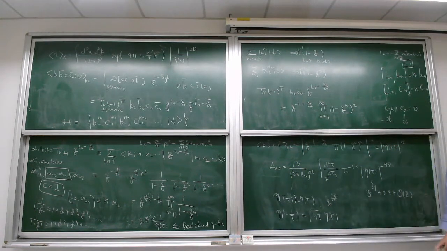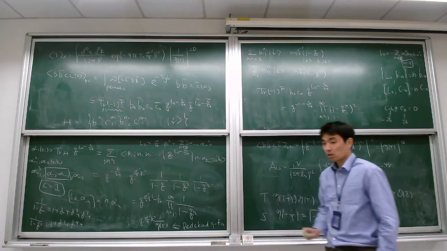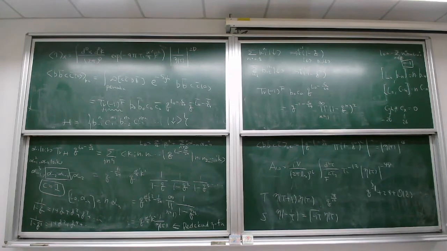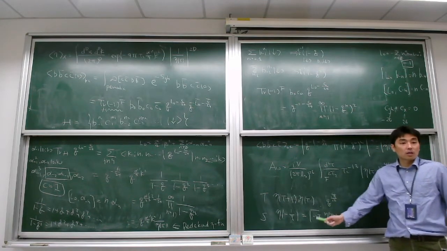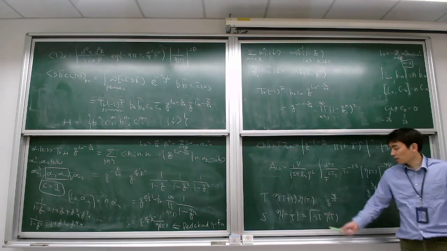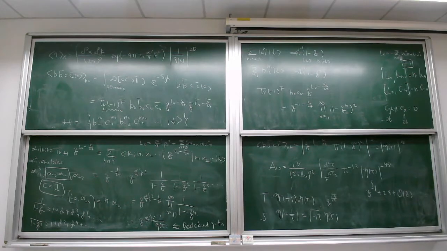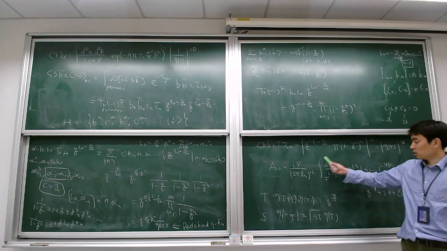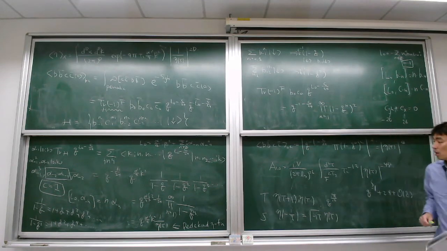It's almost the same up to some factor. And this factor will cancel out the transformation rule of this measure. So you should check that this transformation under SL2Z will cancel with this factor.